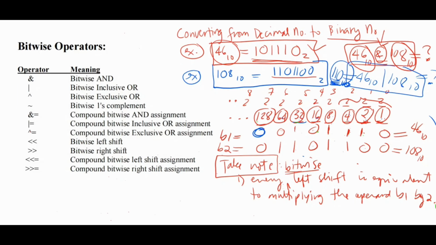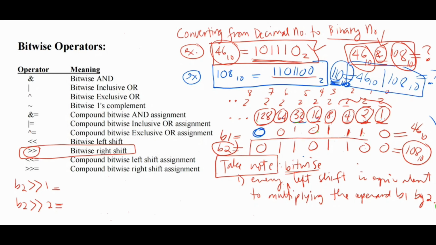And lastly, for the bitwise right shift operator, if we're going to get B2 right shift once and B2 right shift twice, let's find out what these two expressions are equal to. So this is our B2, which is equal to 108, a decimal number, and the equivalent binary number of 108 is this one here.